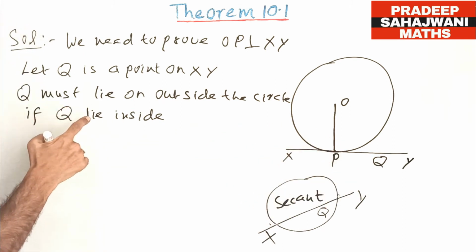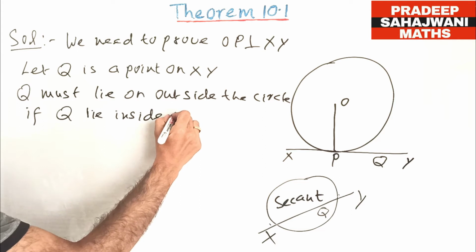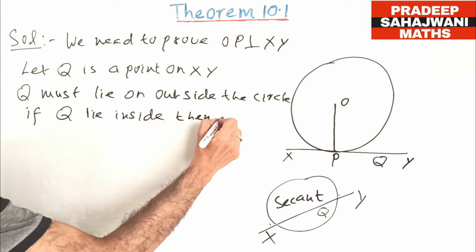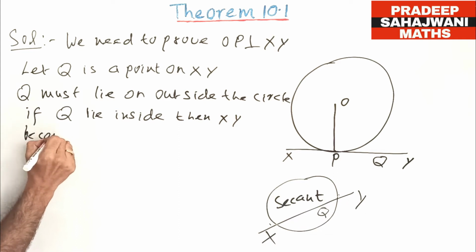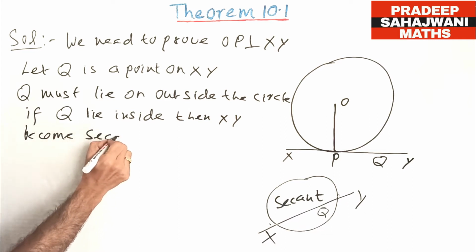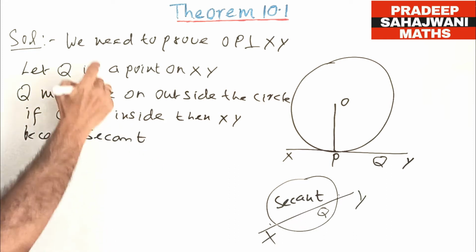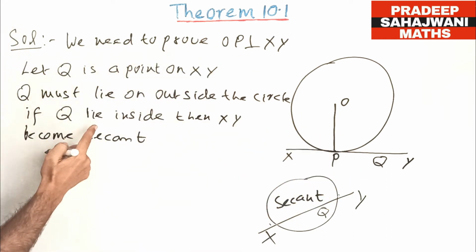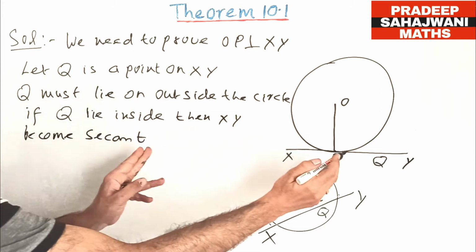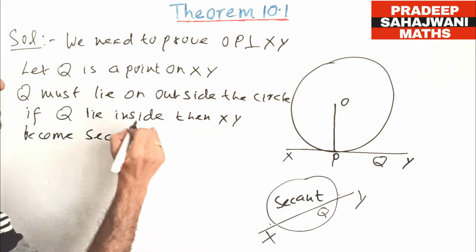So if Q lies inside, then XY becomes a secant, but we have to prove the case for tangent. Okay students? So we justified here Q is outside. Now Q is outside the circle.